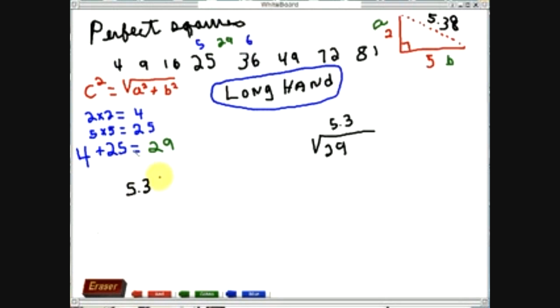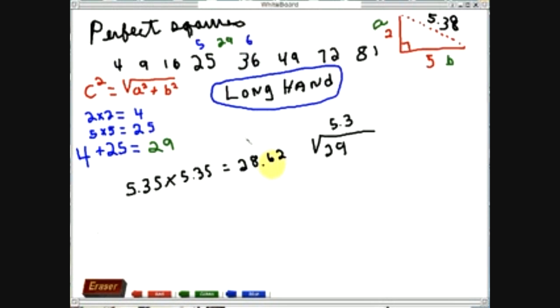We're going to add a 5 here, and then we're going to square it. So we're going to multiply the number by itself, 5.35, and that will give you 28.62.